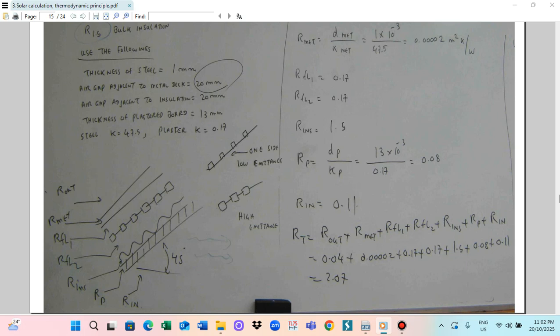So this is for the down and up. So this is the high emittance C and the 45 degrees slope. This is what we can calculate for high emittance and 45 degrees.